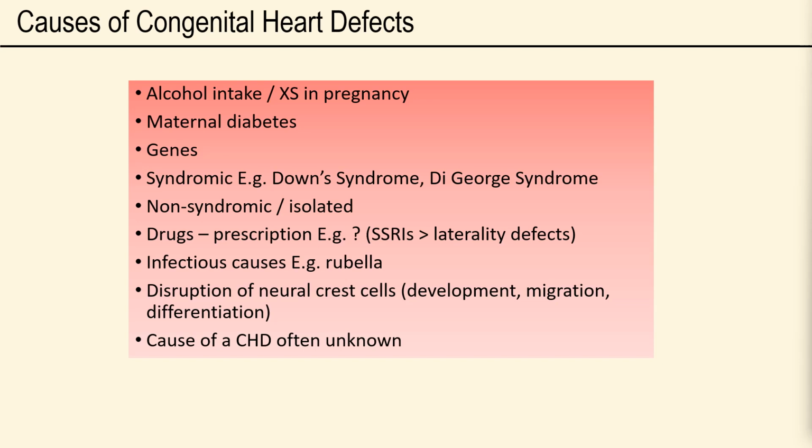Drugs such as SSRIs we know create laterality defects, as can infectious teratogens such as rubella. We can also see that a disruption of neural crest cell migration and differentiation can cause congenital heart defects. But largely, and unfortunately, the cause of congenital heart defects is often unknown.